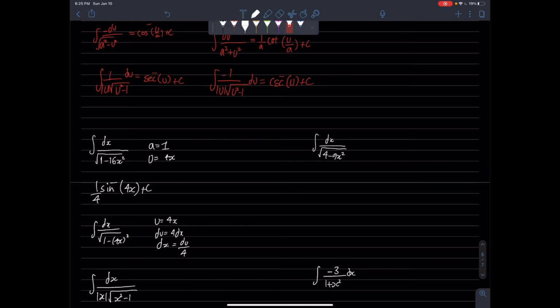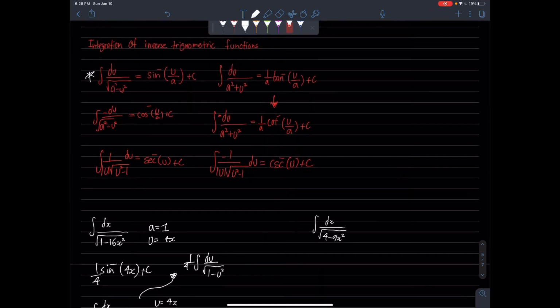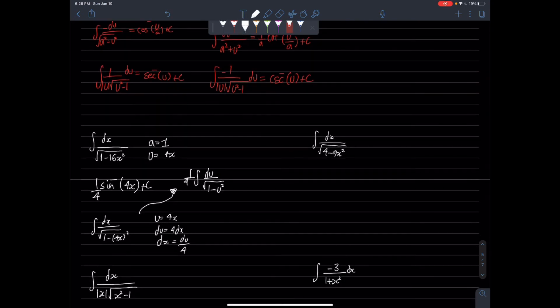Now you see why? Okay, maybe you don't yet. It's okay. So let's plug it in. Change the variable, so it'll be du 1 over 4, root 1 minus u squared. Now we can use this formula, right? But you can skip that substitution just by doing it in your head, kind of thing, which will just give you 1 over 4. And if you take the derivative of this, you'll go back and you'll get this answer.